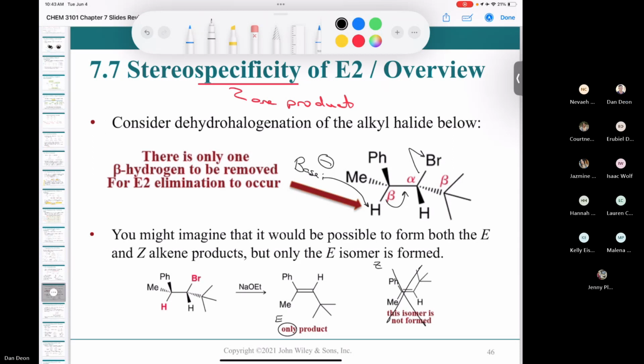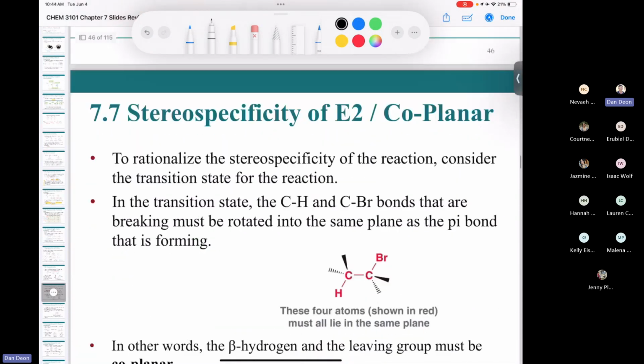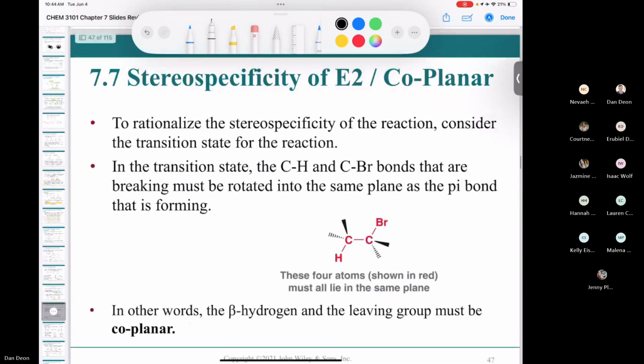So figuring out whether you get the E or the Z product is interesting. It takes a little bit of work, and I'm going to teach you how to do that right now. So let's take a look at this. It says, to rationalize the stereospecificity of a reaction, take a look at the transition state. In the transition state, the carbon-hydrogen and the carbon-bromine bonds are being broken, and they have to be rotated into the same plane as the pi bond that is forming.